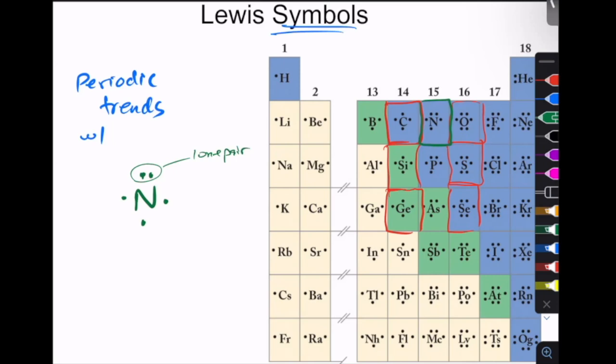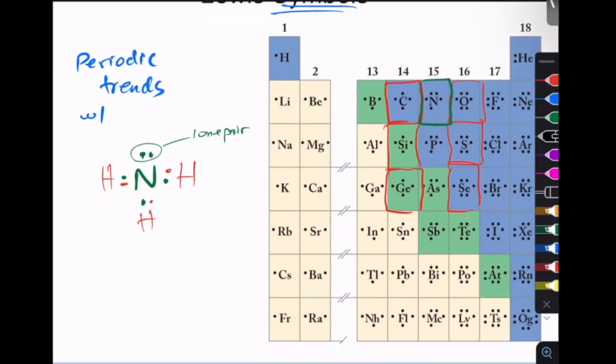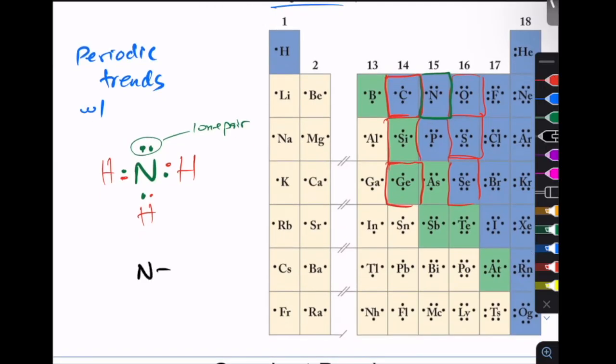So if I bring hydrogen in with this, just like I did with H2O, we would have one covalent bond there, one covalent bond here, and the third one here. Now we have 3 shared pairs. Okay. But again, if we're modeling ammonia in this case, I would ask for you to show it this way. But you got to show the lone pair.